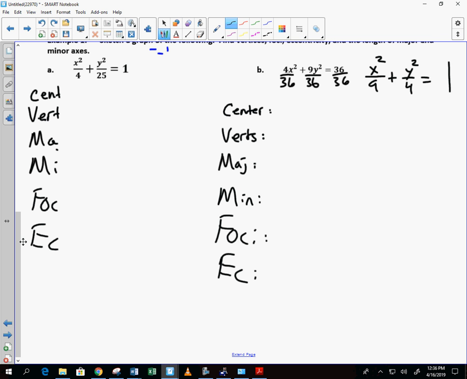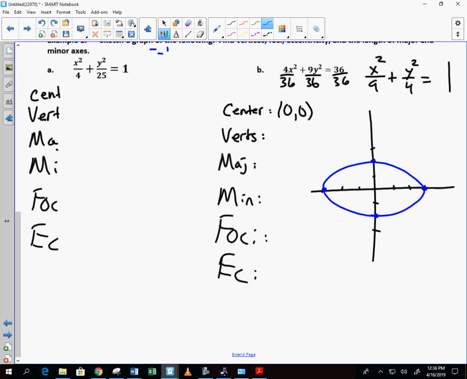Anybody want to tell me what the center is? 0, 0. It is not always 0, 0. Can somebody tell me how many units is it stretched in the x direction? 3. How about the y direction? So 1, 2, 3, 1, 2, 3, 1, 2, 3. So I go 3 units in the x direction, 2 units in the y direction. There's my ellipse.